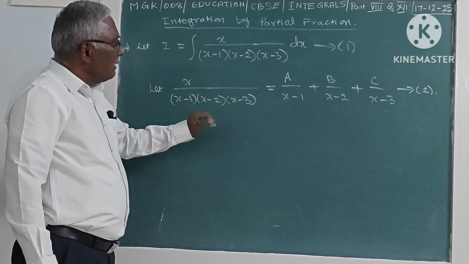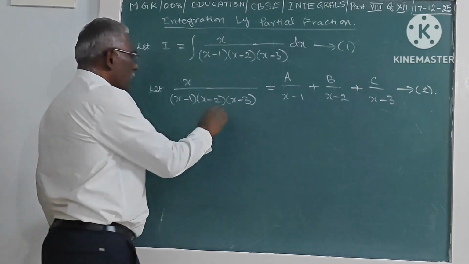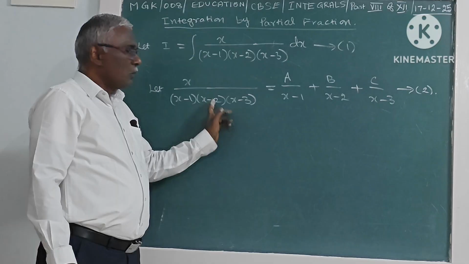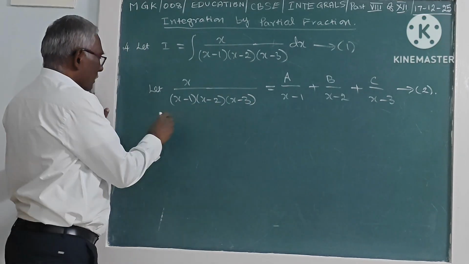To find the values, what we have to do is multiply both sides by (x minus 1) into (x minus 2) into (x minus 3).